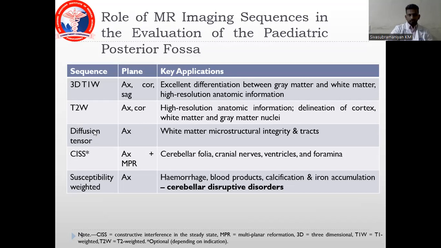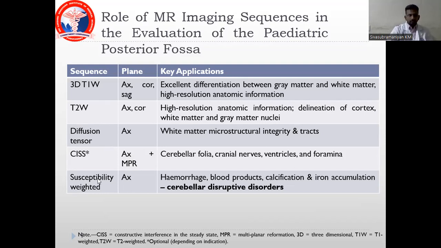You also have a recent advance in radiological imaging called diffusion tensor imaging, where you image the white matter microstructural integrity, and the white matter tracts can actually be imaged, including the morphology and the direction of the white matter tract. The direction of the axonal spread can also be studied in diffusion tensor imaging.